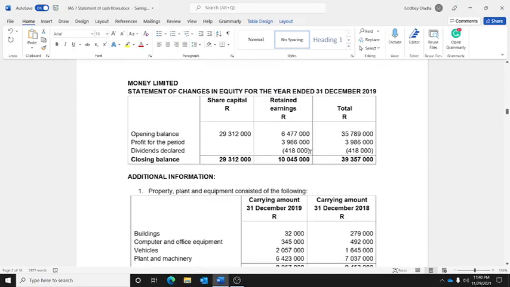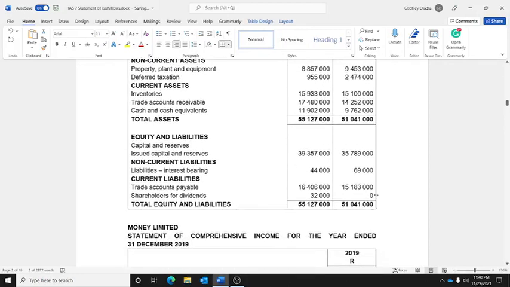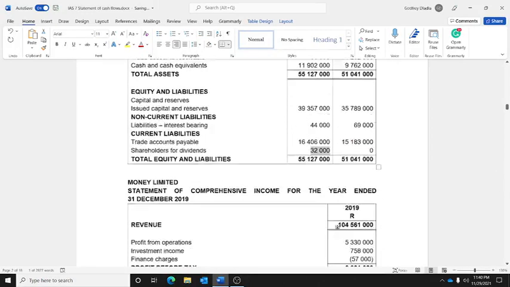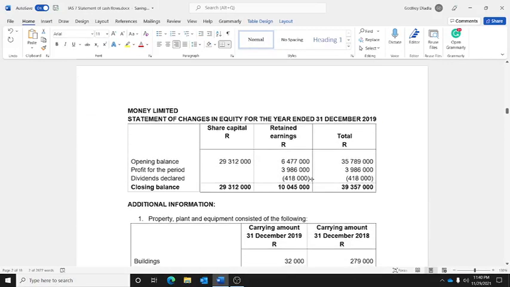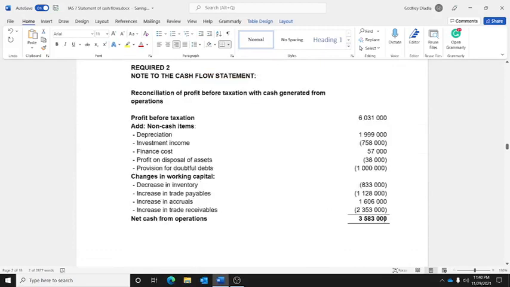Here's the 418 dividend declared. So in short, it is the opening that will go on the credit side, the 32 will go on the debit side, the 418 on the credit side, and then you should calculate your figure there.